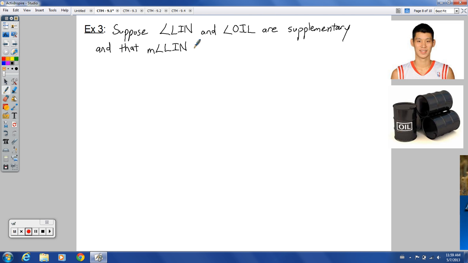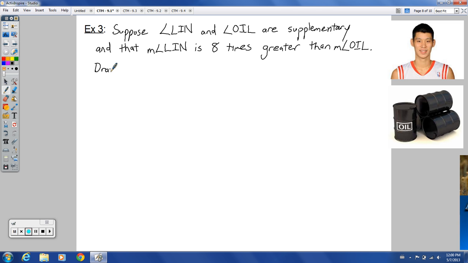So let's suppose Lin and Oil are supplementary, and that the measure of angle LIN, L-I-N, is 8 times greater than the measure of angle OIL. Let's suppose that's the case.